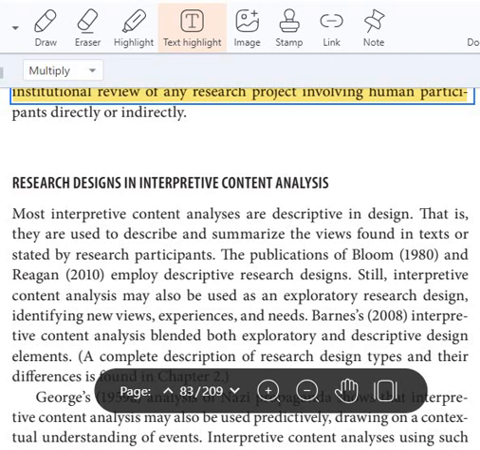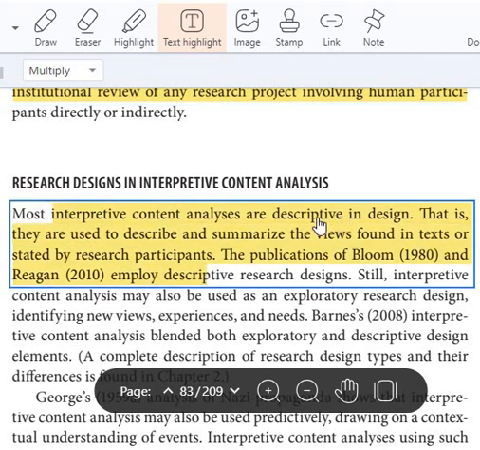It says that most interpretive content analyses are descriptive in design. So most of them are descriptive. You are describing and interpreting at the same time. They are used to describe and summarize the views found in texts or stated by research participants. The publications of Bloom and Reagan both employ descriptive research designs. They used random samples.